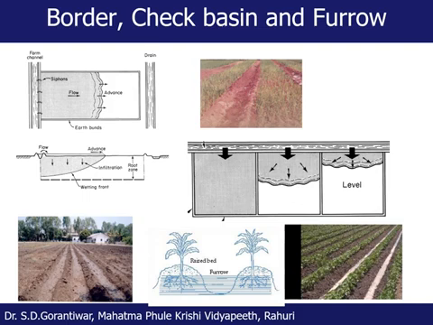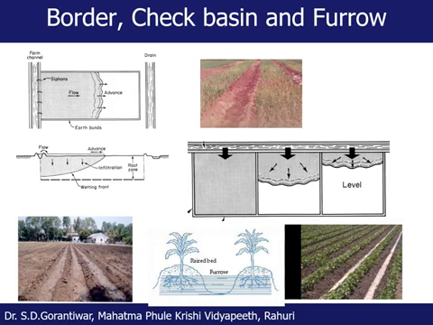If you see the adjoining photograph, this is the border strip which is being irrigated. Then you come to the sketch below the photograph of the border irrigation method. This is the check basin irrigation method. In check basin irrigation method, the land to be irrigated is divided into a number of basins. These basins may be of square size, rectangle size.